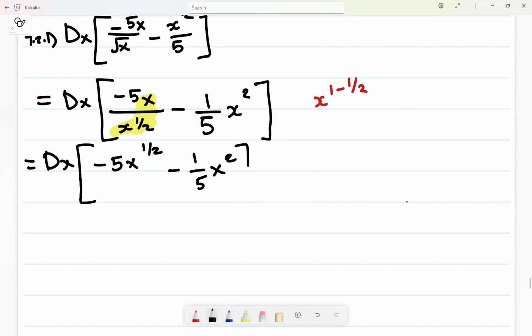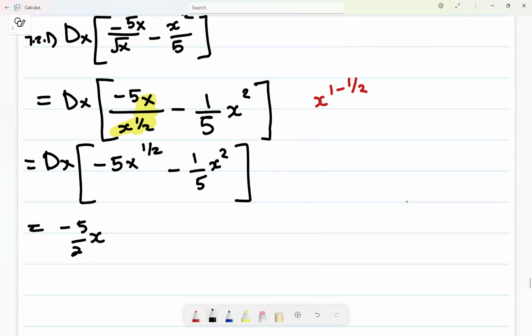Now, you're in a position of deriving. Why? Because everything is set. Remember this x here, it is here. Can I derive? Yes. Now, if you derive, you remove this dx and the brackets. Then it's going to be negative 5 multiplied by half. It is negative 5 divided by 2. Use your calculator. Do not become a mathematician.